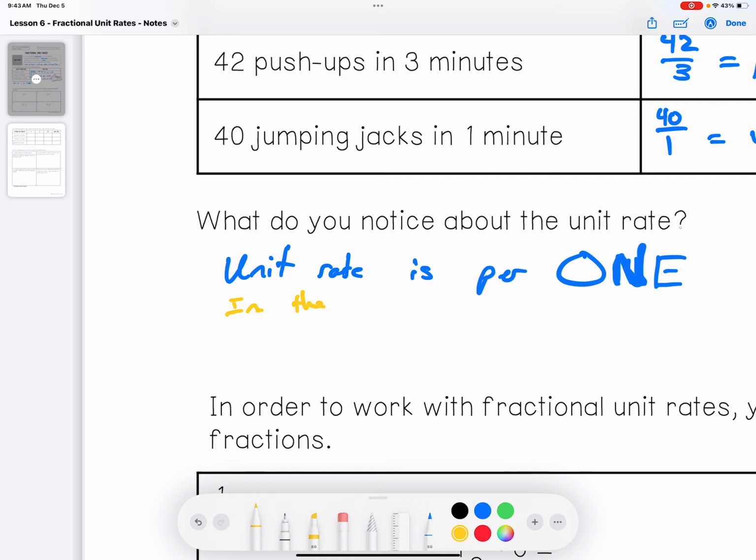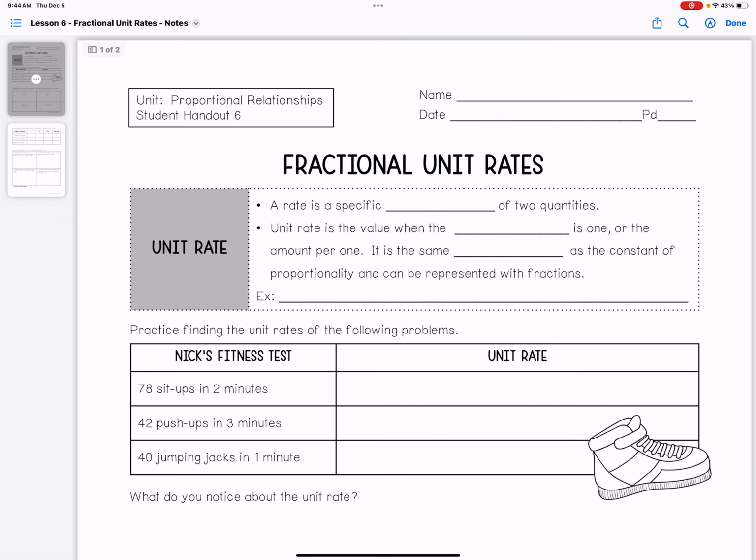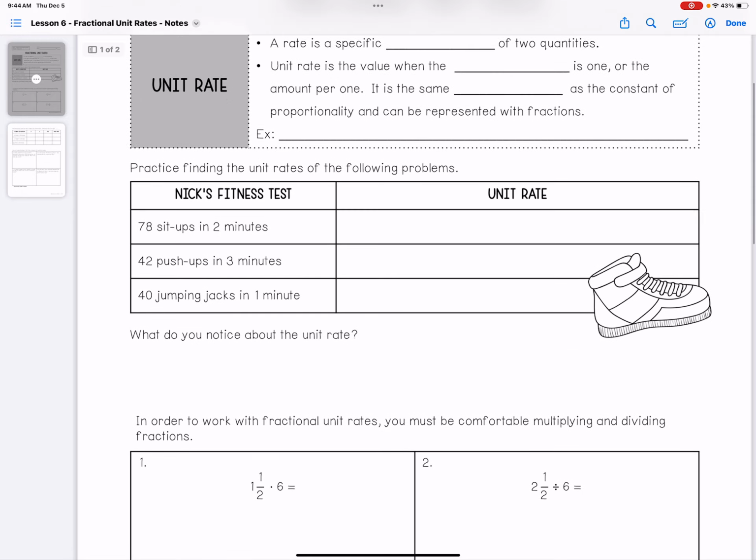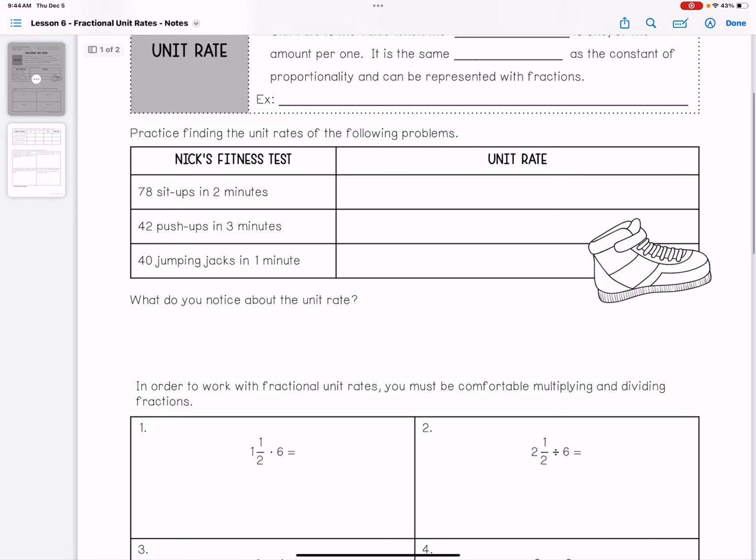In the problems above, it was, what are those dots? Y'all see them? Oh, it's trying to correct it for me? Okay.